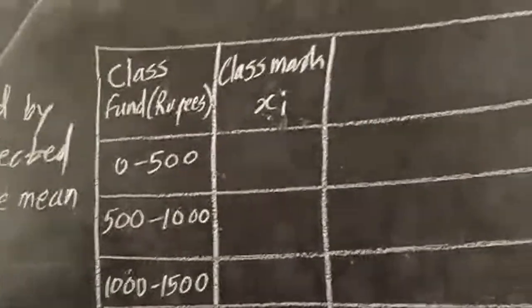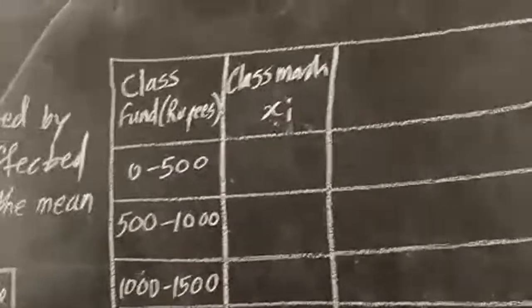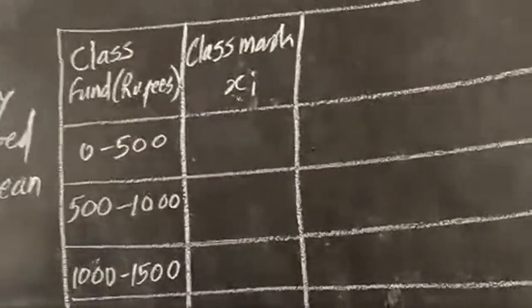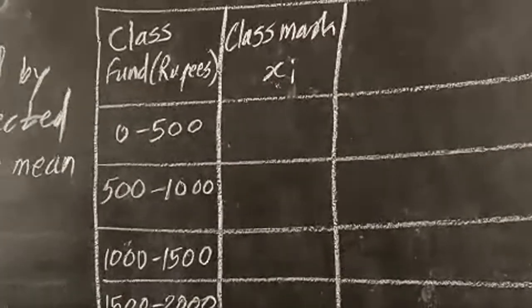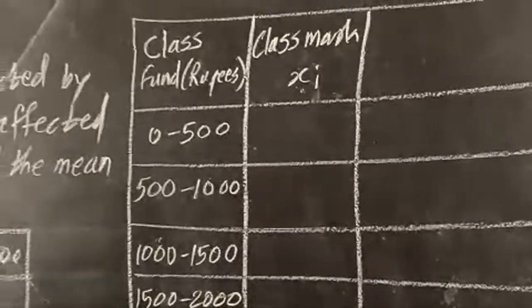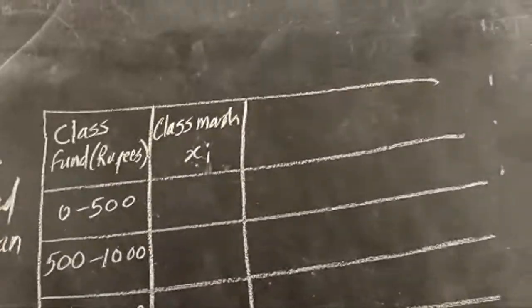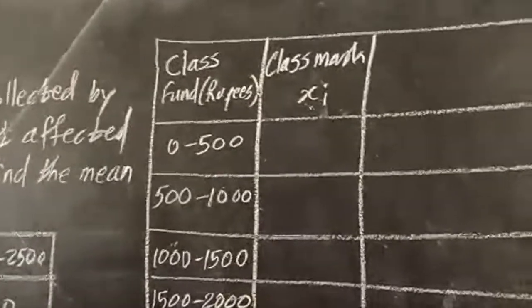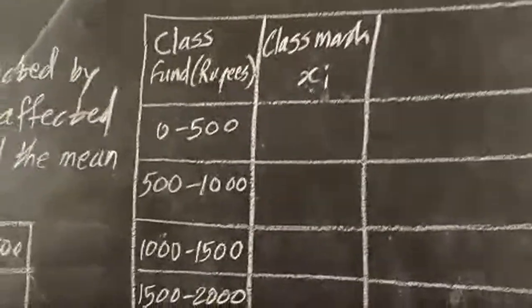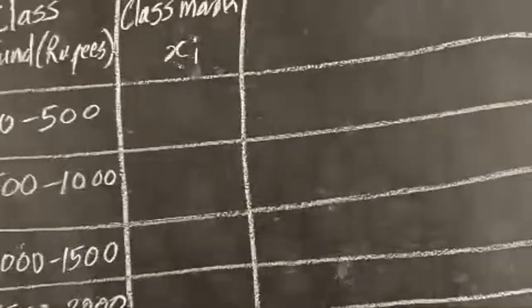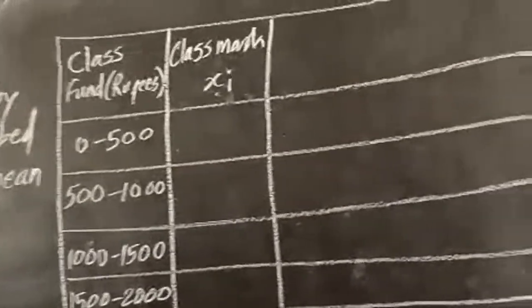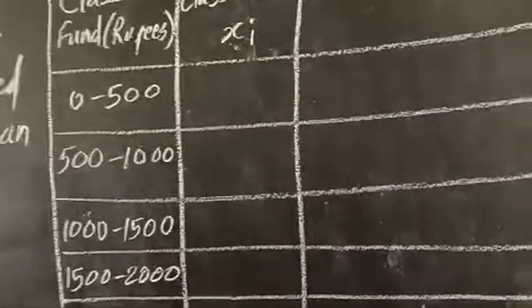Upper limit minus lower limit upon 2, and the number we get is added to each lower limit. That is the second method. Which method is simple one? First or second? Second method is simple one.